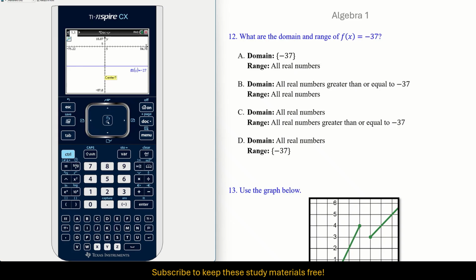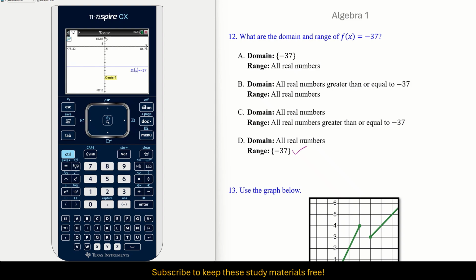It can be done on both kinds of graphing calculators. So what I see is that my graph is a straight horizontal line, but the only value it has is negative 37, and that's the only range it will have. I can also show that in the table.